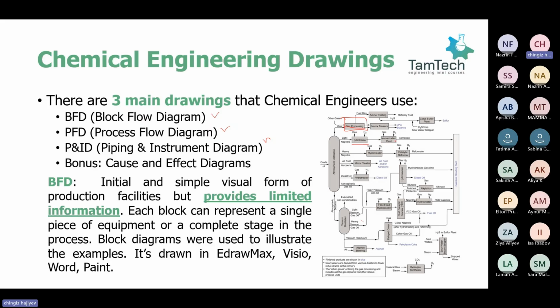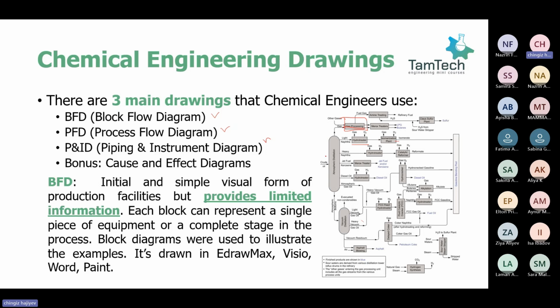You know an isomerization plant, but you don't know what is in the isomerization plant. You don't know which kind of equipment you have, which kind of control you have. It is the simplest one. Okay, this is what we do in the FEED stage, the engineering design stage, and this is one of the first products of a chemical engineering project, I would say.